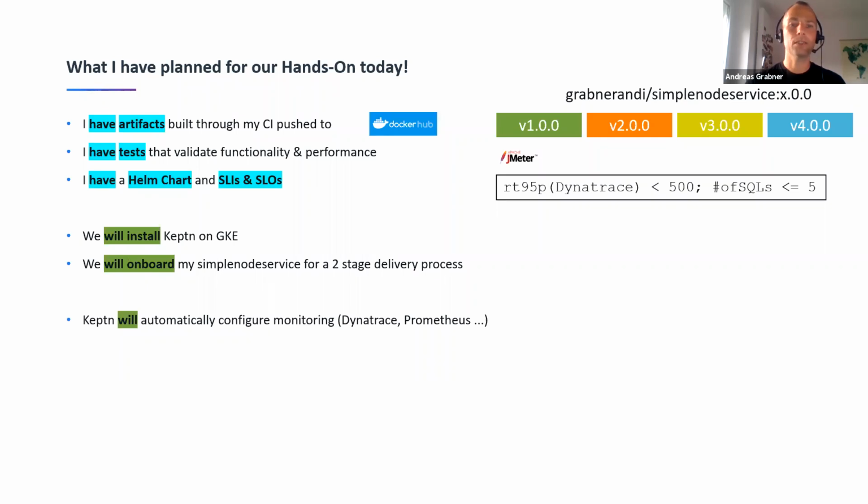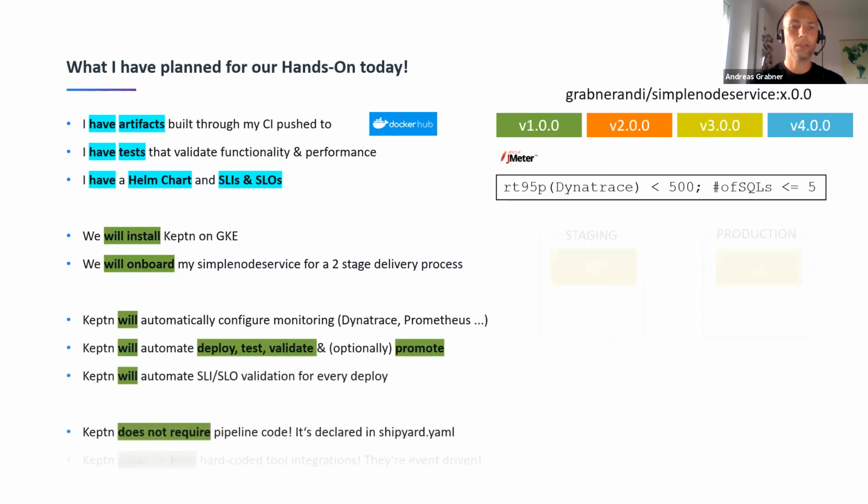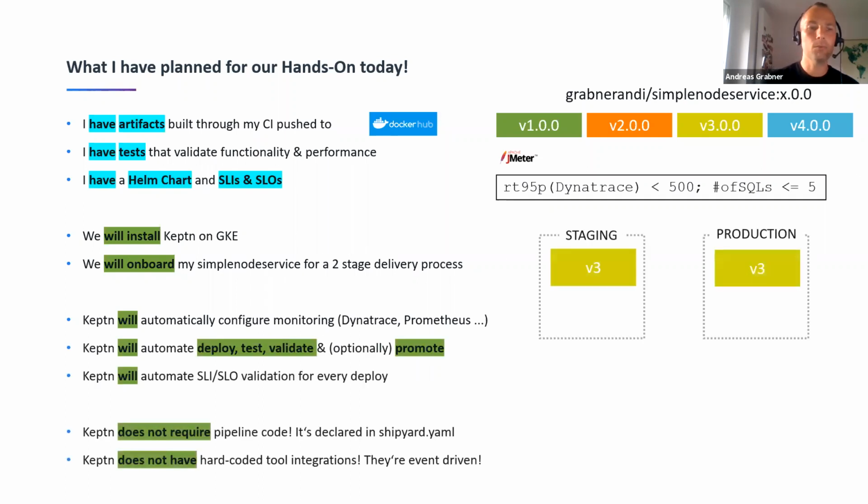We will also have Keptn automatically configure monitoring. In our case today, we're using Dynatrace. In case you want to see the whole thing, not with Dynatrace, but with Prometheus, we also have tutorials online. Keptn will then also automate our deployment test, validation, and promotion.